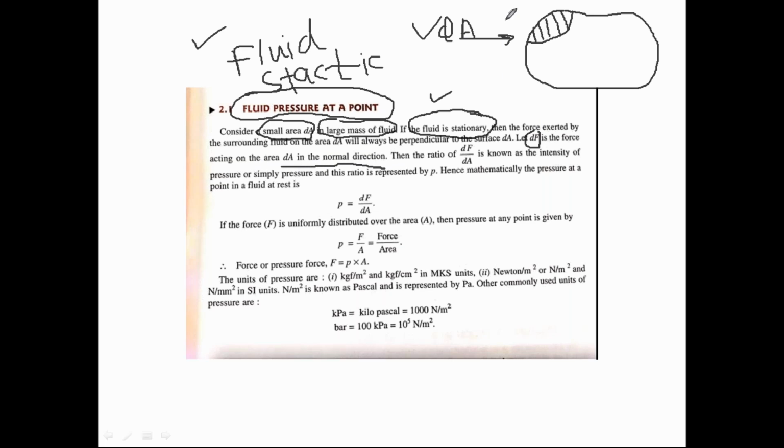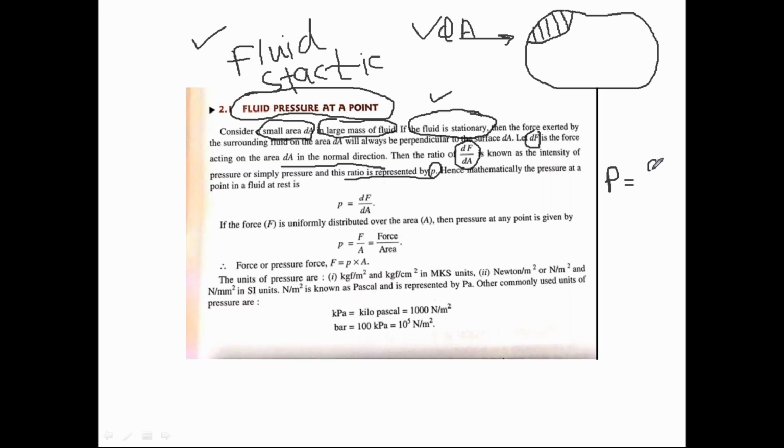If I take the ratio dF by dA, then it is known as what? Intensity of pressure, or simply pressure, and the ratio is represented by P. That means this P can be intensity of pressure, or it can be simply pressure.